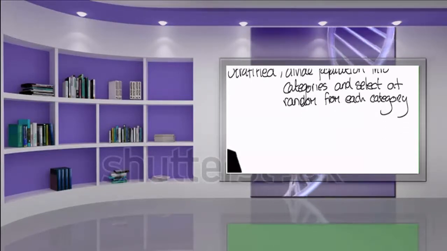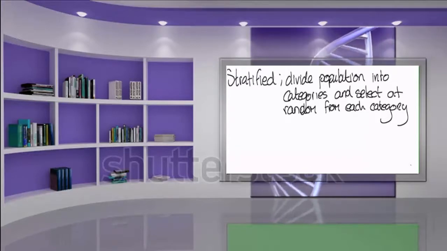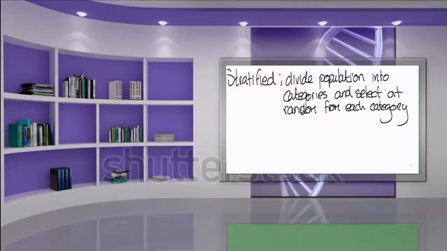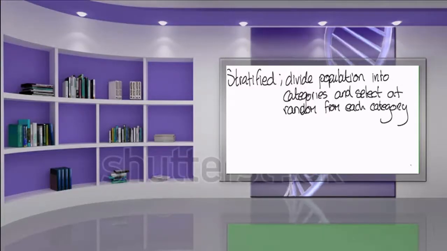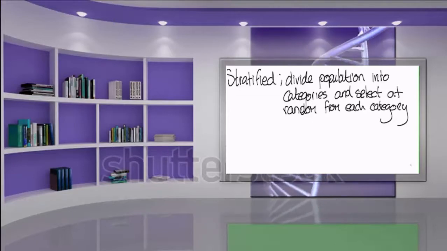So, for example, again, if we are trying to select a sample population of 100 from 20,000 people, first, we might categorize all of the people in our population into age groups.